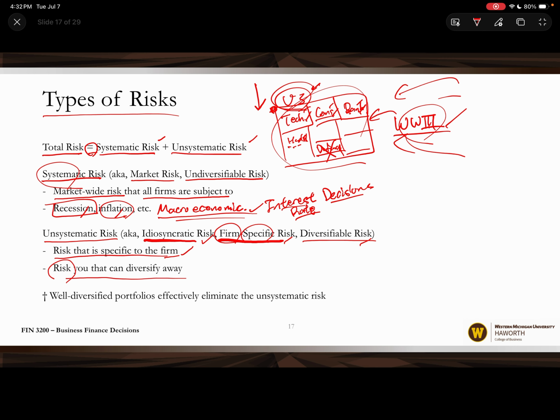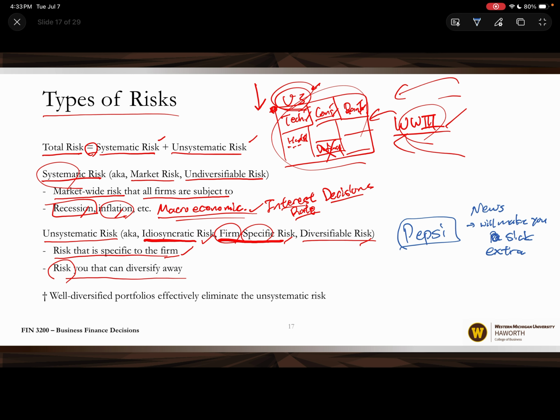For example, what's a good example? Let's say you're a Pepsi owner. But suddenly, let's say there's news that says drinking a lot of Pepsi products will make you sick. Probably some evidence there already, but extra sick.